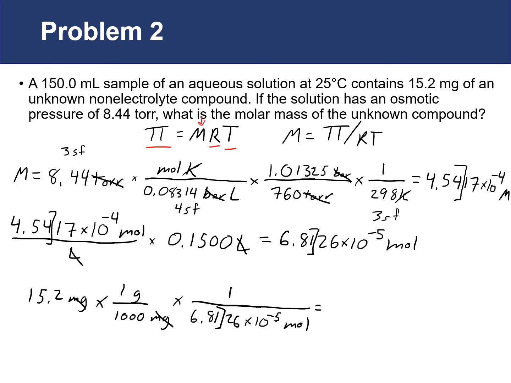Plug that into your calculator and you'll get 223.117 grams per mole. In terms of significant figures, this has 3, so our end answer would be the molecular weight of X, our unknown non-electrolyte, would be equal to 223 grams per mole.